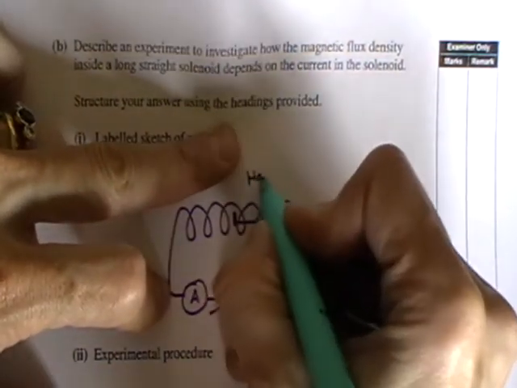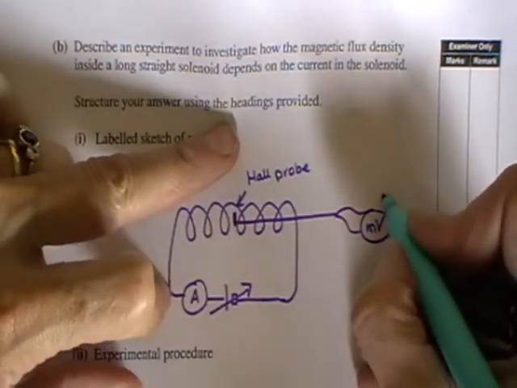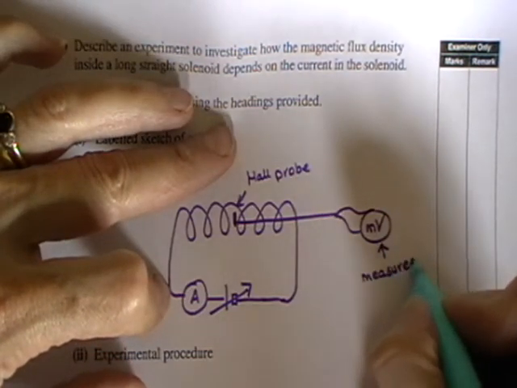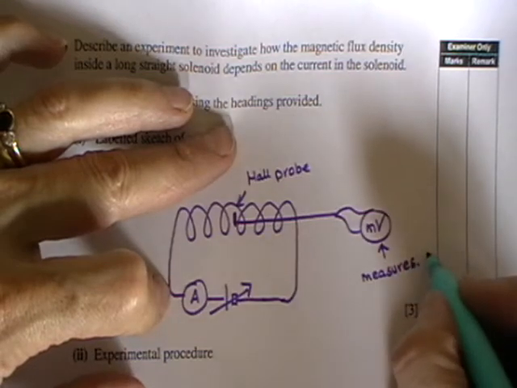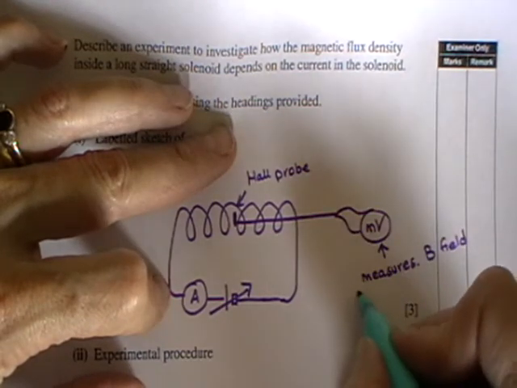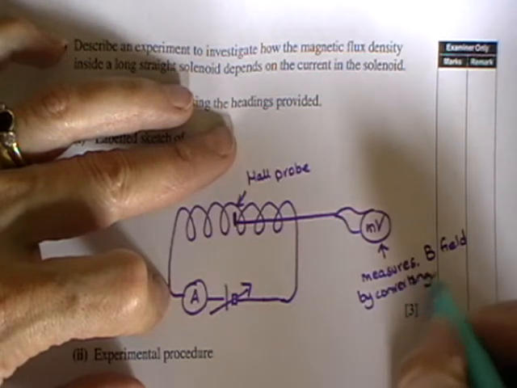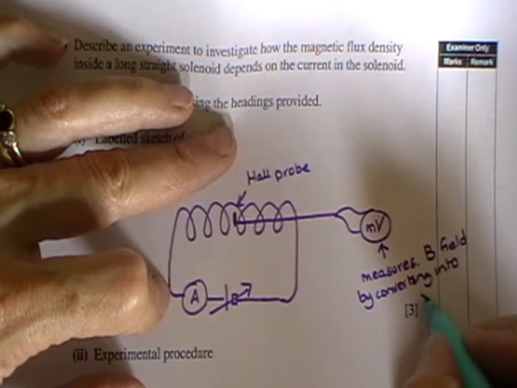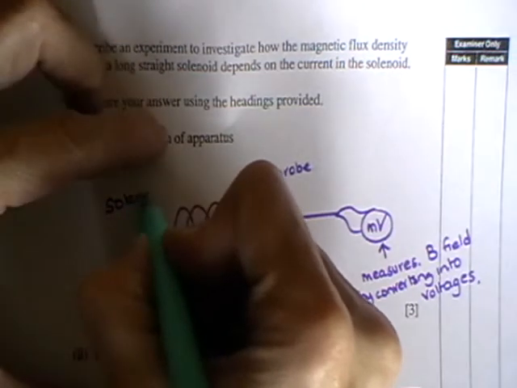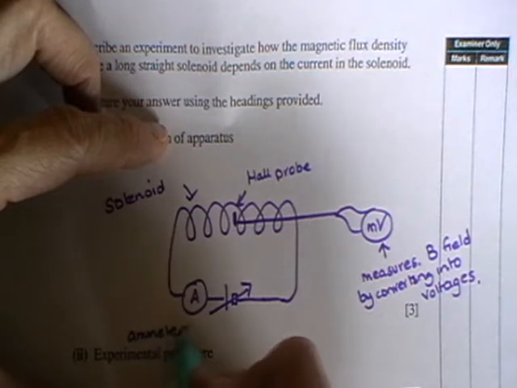So you've got the Hall probe, and your millivoltmeter, which measures this B field by converting it into voltages. You've got your solenoid, ammeter, and variable power supply.